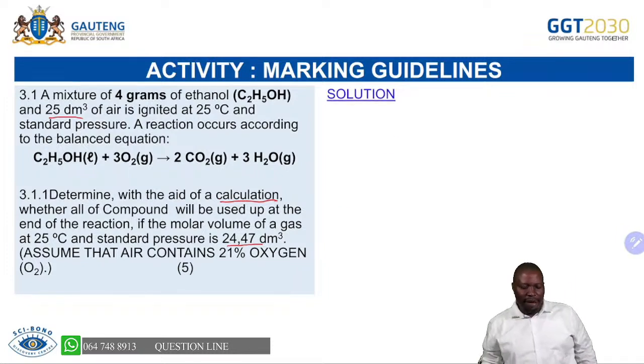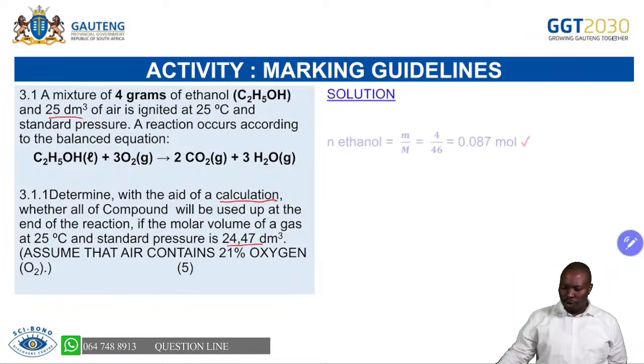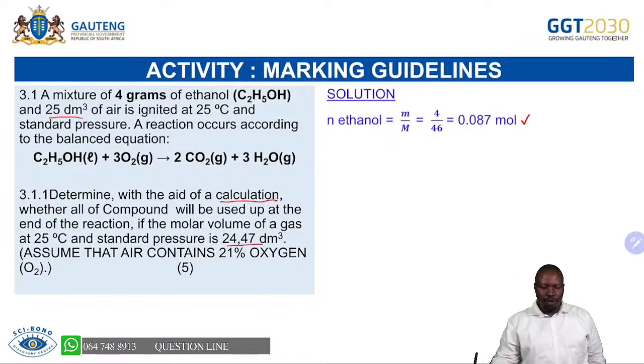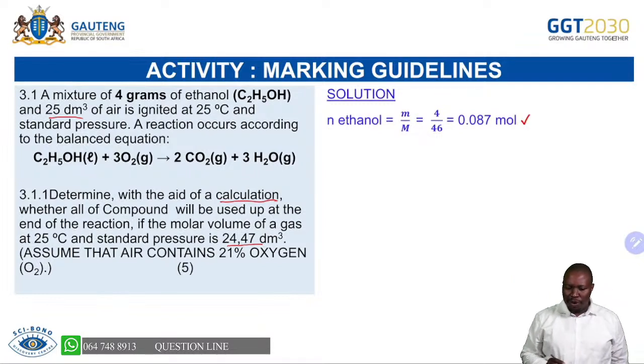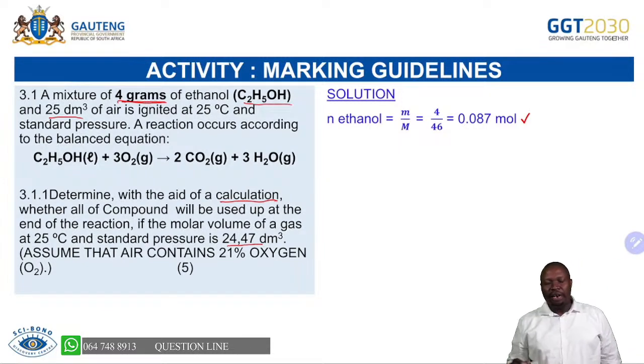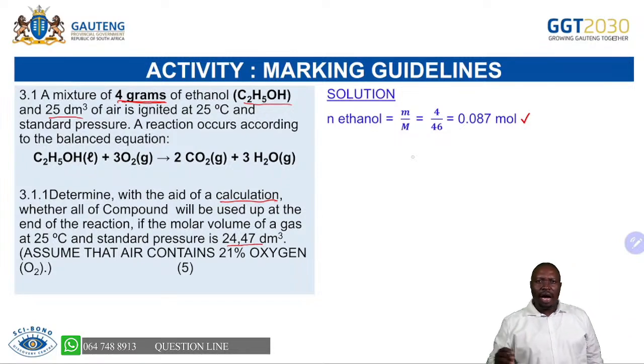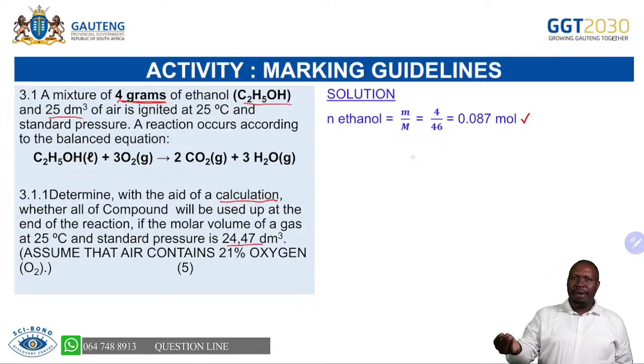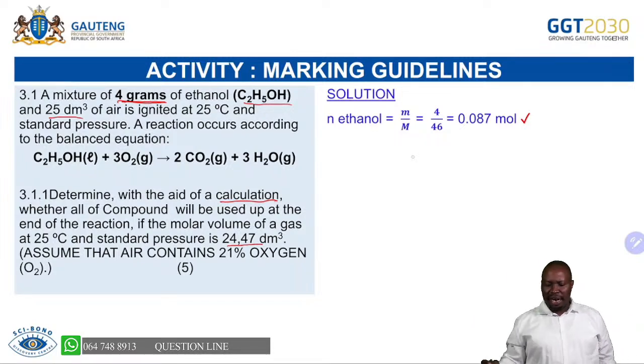Let's go now to steps to say what you are expected to do. The first thing that you will do, you will use what you are given. Remember, you are given 4 grams of ethanol. So that 4 grams, you can use to calculate the number of moles. I always say this to learners that when you see the mass, you must think about the number of moles.